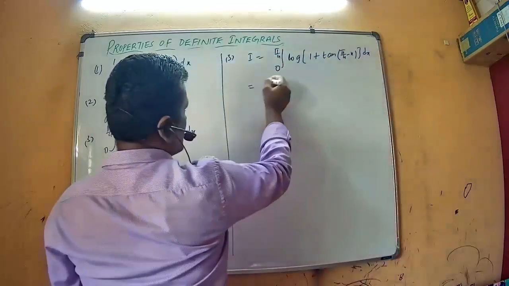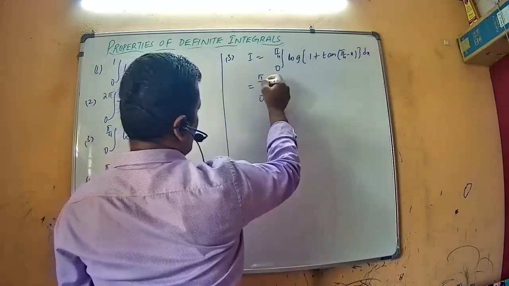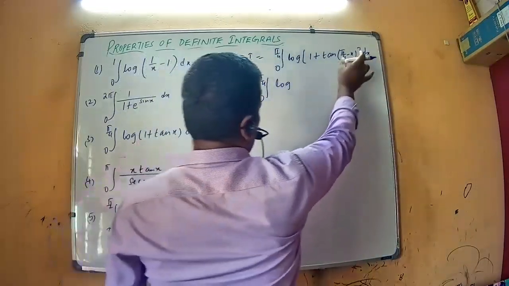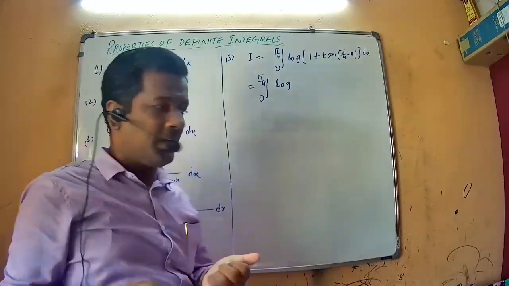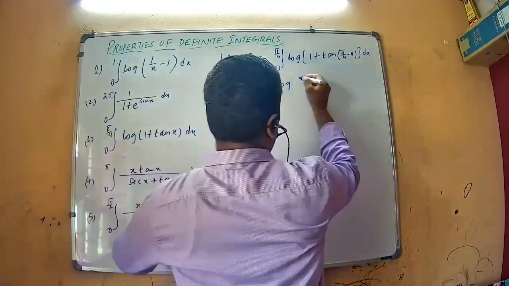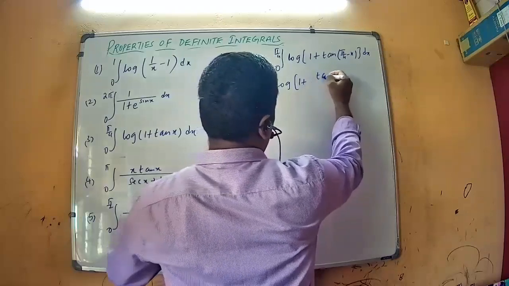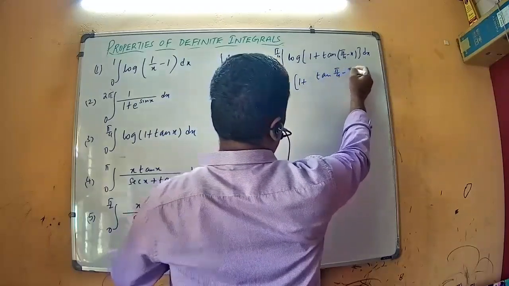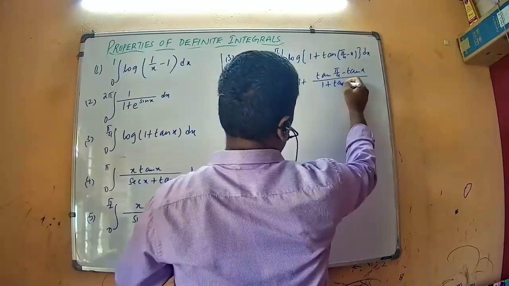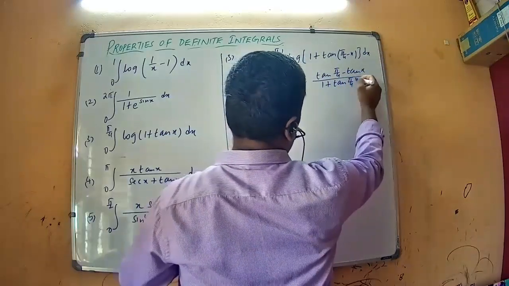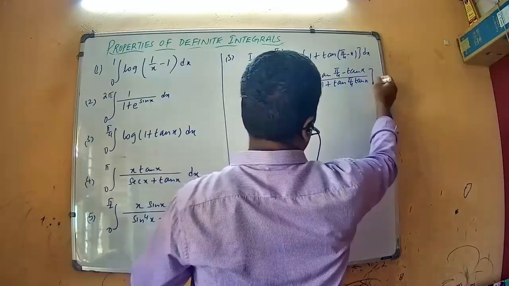Now a little simplification. Log of tan of (pi by 4 minus x) appears like the tan of (a minus b) formula: (tan a minus tan b) by (1 plus tan a tan b). So here a is pi by 4 and b is x.